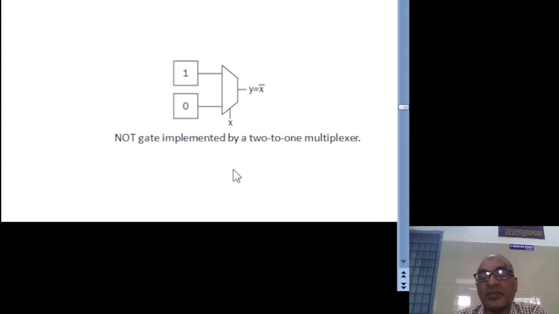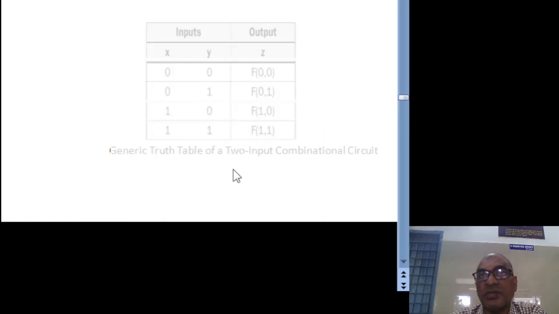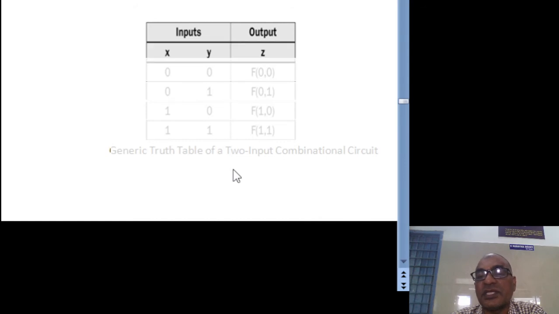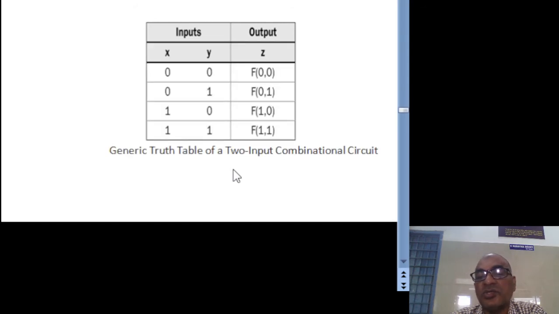So this is the one variable implementation. Similarly, in the two variable implementation case, the generic truth table is like this. Under two variables x, y, four possibilities are there: 0 0, 0 1, 1 0, 1 1. The output z is based on the given function.